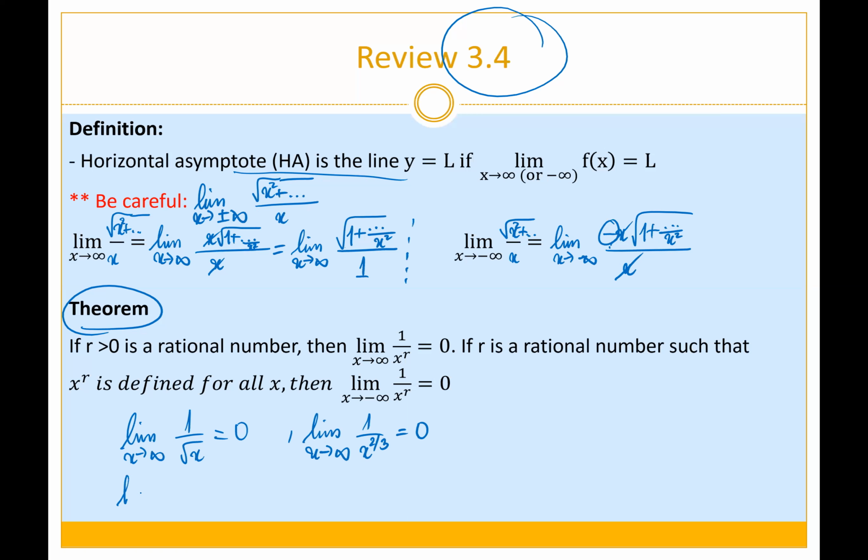However, if you have the limit as x approaches negative infinity, you cannot have something like 1 over the square root of x, because now you have the square root of a negative number, so that wouldn't work.